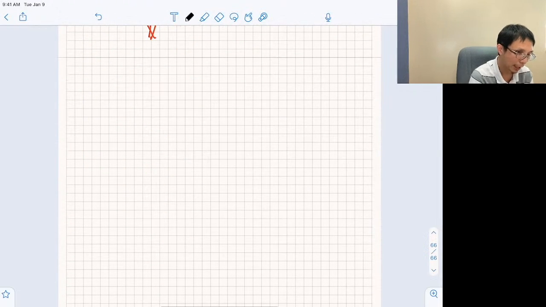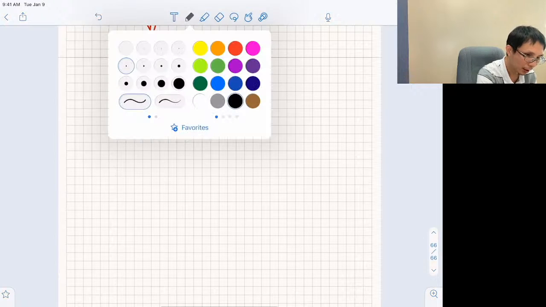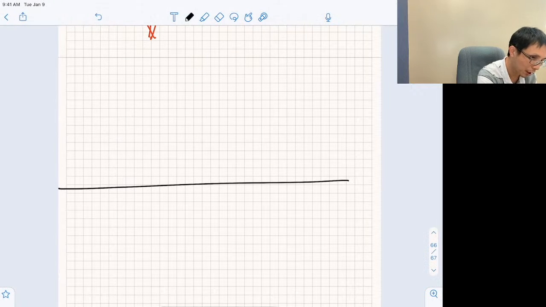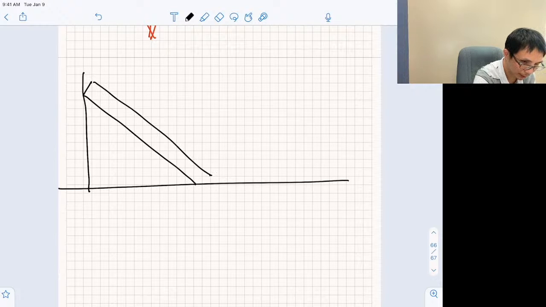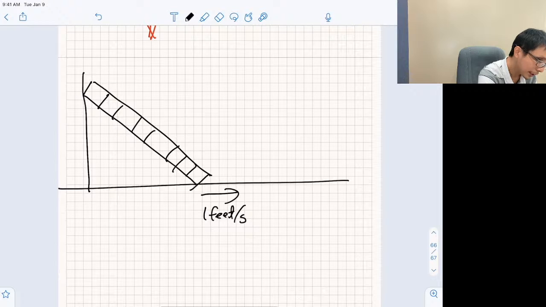Okay. Now, this is a fundamental question, and some of you should already know. If I have a ladder sliding down this way, and it's sliding at 1 feet per second, is the top going down at 1 feet per second? No, it's just moving to the right. Are you sure?